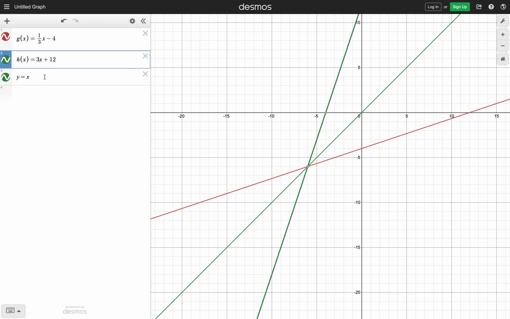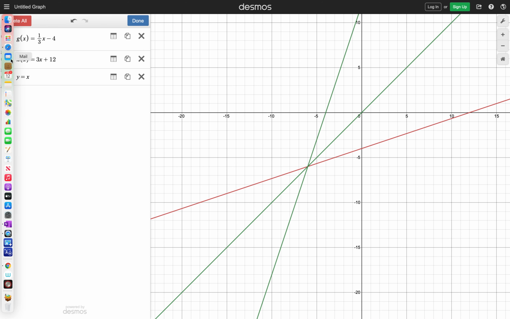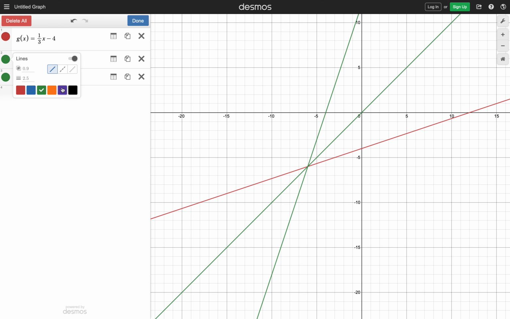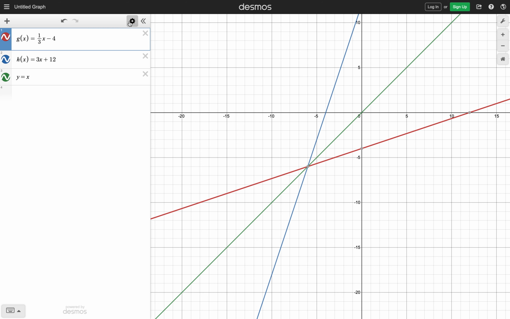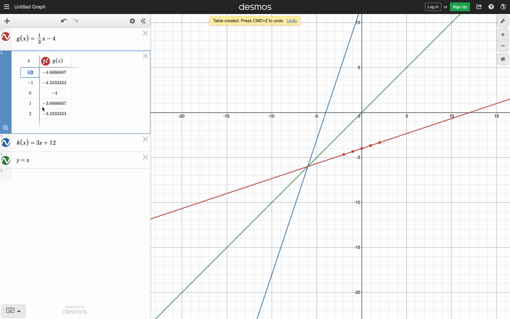And again, we have the line y is equal to x. I think I'll change the color on this one. I'm throwing in some ordered pairs here, so you have -9, and let's say the next one will be -6, -3, so you have 0 and 3.